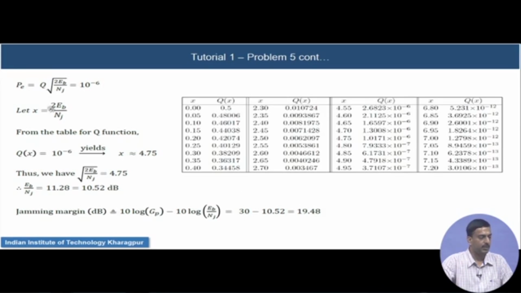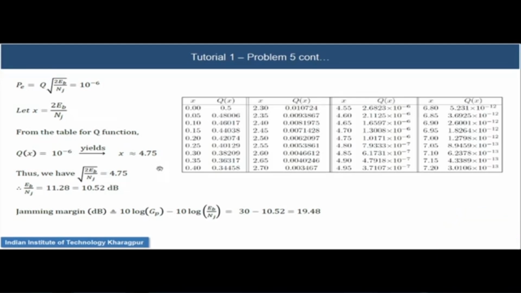Please pardon me for this error. Once again, please note that this x should be root of 2E_b/N_J and not 2E_b/N_J as specified here. So this concludes session 1 for tutorials on direct sequence spread spectrum systems.